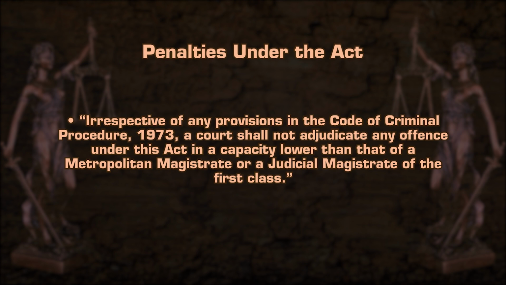Irrespective of any provisions in the Code of Criminal Procedure 1973, a court shall not adjudicate any offence under this Act in a capacity lower than that of a metropolitan magistrate or a judicial magistrate of first class.